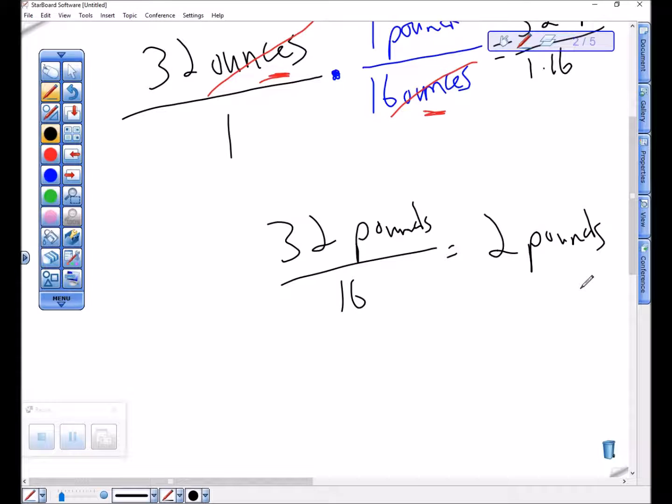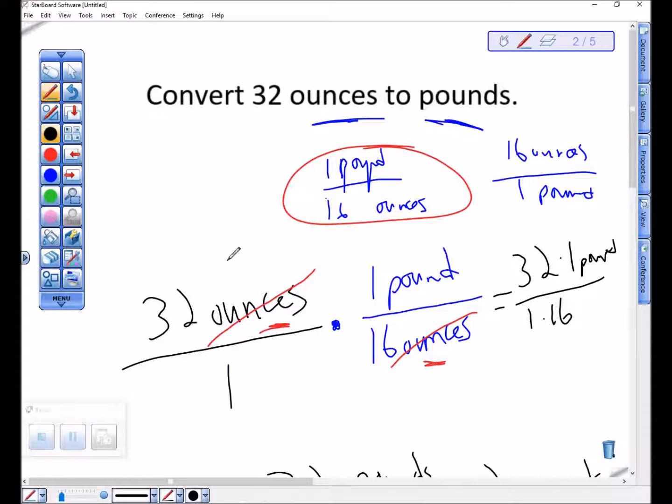Now, I can hear through time and through your computer screen that you knew 32 ounces was 2 pounds. You didn't need to do this, or you did the proportion in your head, or you just divided by 16 because you are cool that way. That's all great. However, this method is really powerful. Using unit fractions is really powerful to get between different units and different rates.